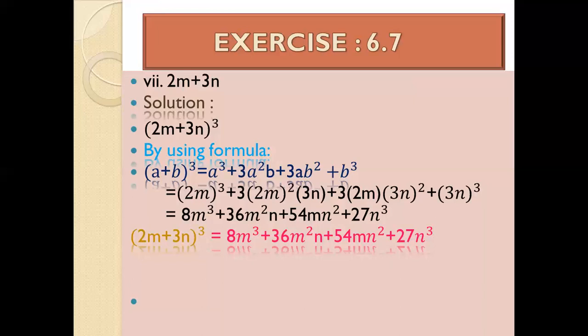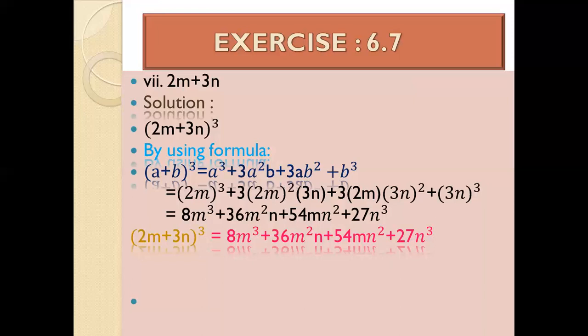2m cube means we multiply 2 with itself 3 times, 2 multiplied by 2, multiplied by 2. 2 2s are 4, 4 2s are 8. 8m cube plus the square of 2. The square of 2 is 4. 4 3s are 12 and again we have another 3 in the formula. 12 multiplied by 3 is 36.